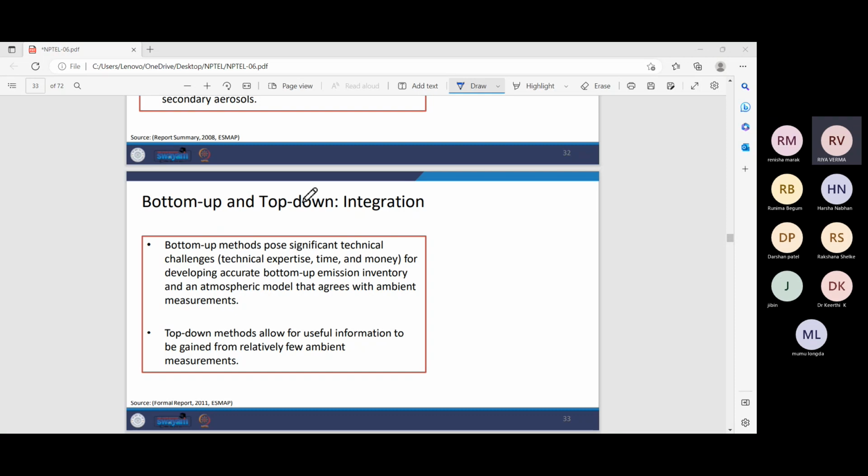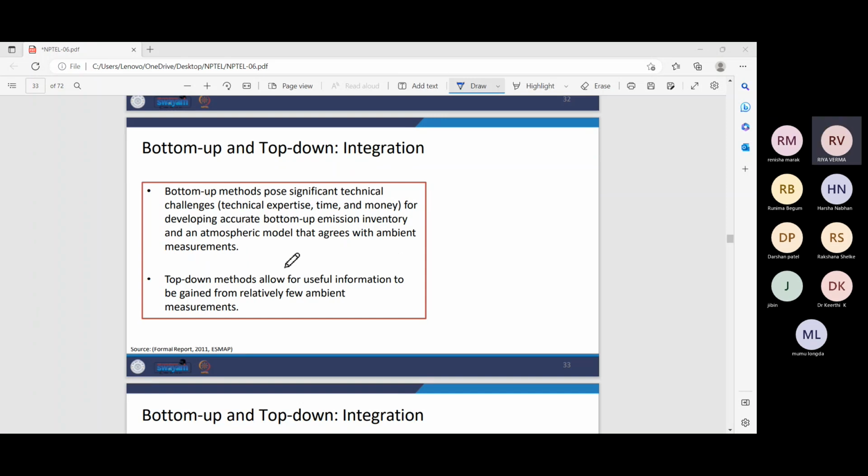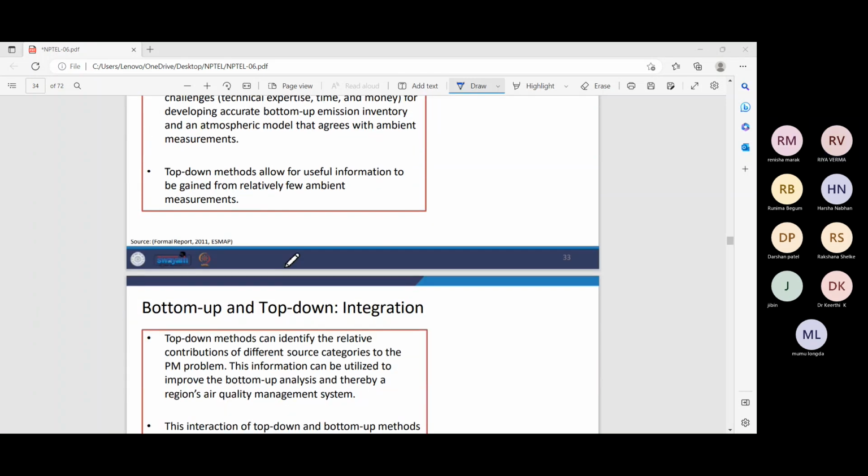Basically, the drawback of the bottom-up method is that we have been facing significant technical challenges, and this problem is solved by using the top-down methods, because these allow useful information to be gained from relatively few ambient measurements. We don't need that many measurements.